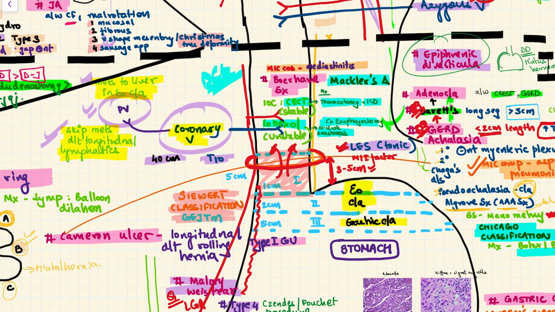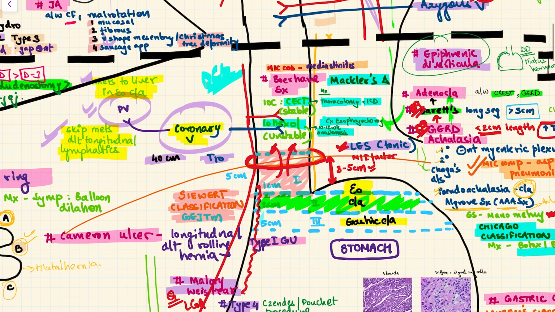Then from here to 2 centimeter distal to the GE junction is zone 2, and from this point to 5 centimeter distal to the GE junction another line is drawn. You understand? From the GE junction: 1 centimeter proximal, 5 centimeter proximal, 2 centimeter distal and 5 centimeter distal. So this is zone 1, this is zone 2 and this is zone 3.